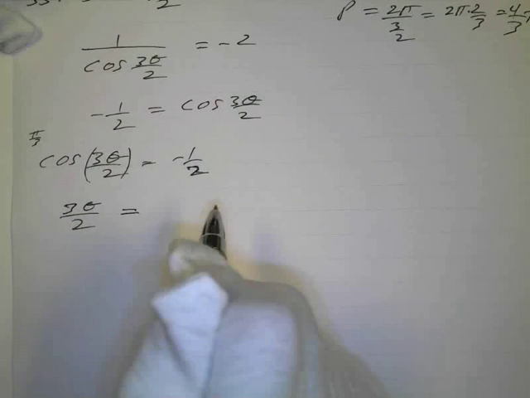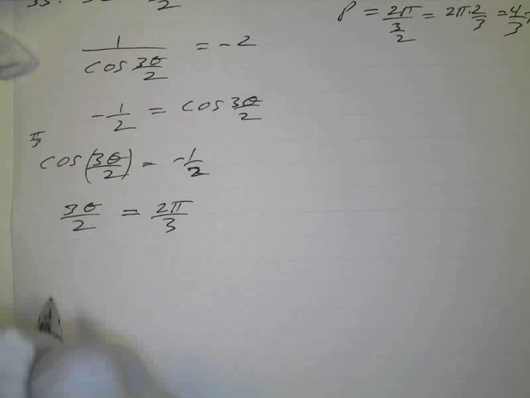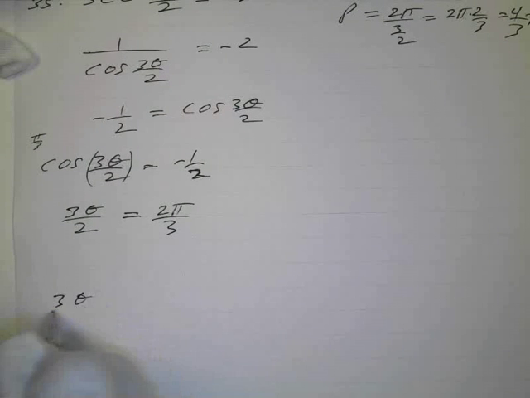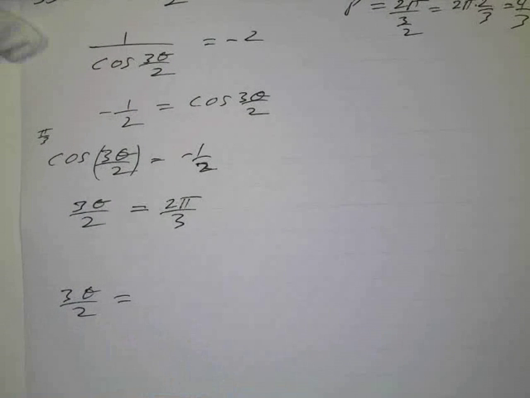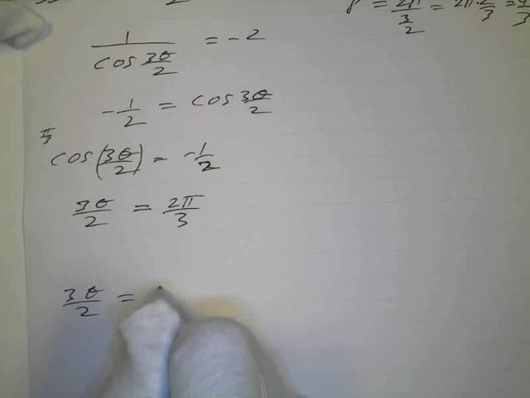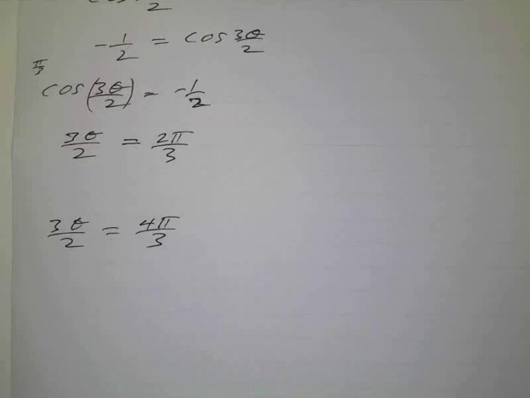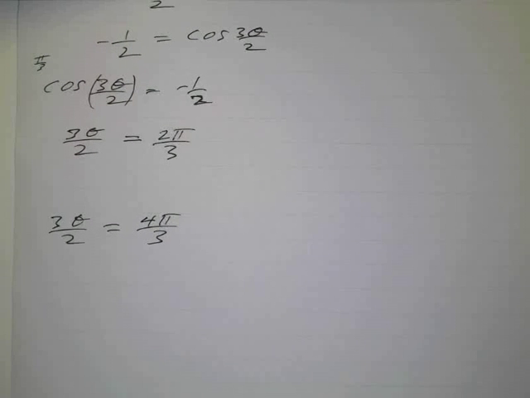So quadrant 2 is 2 pi over 3, and then 3 theta over 2, and the third quadrant where it's negative is 4 pi over 3. So those are my two.